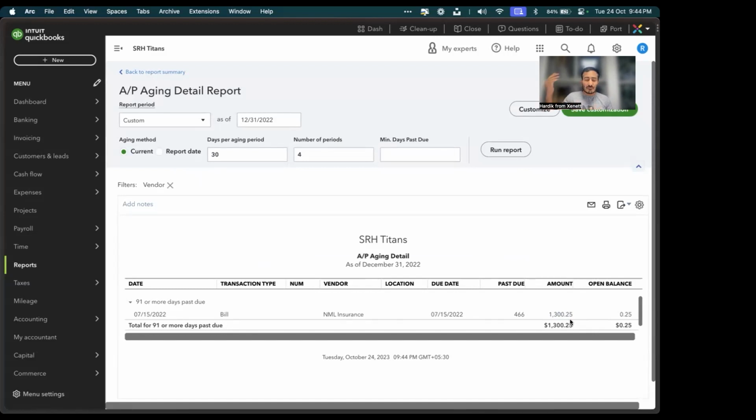So while making the payments, we just didn't consider those decimals. We just paid the rounded amount, 1300, and then it is showing me the balance of 25.